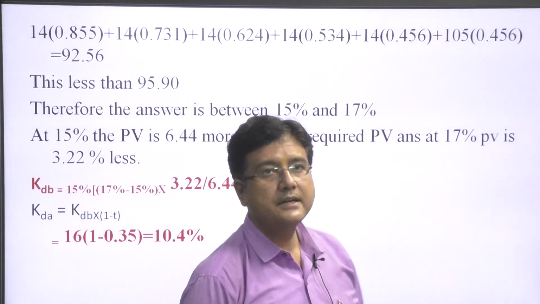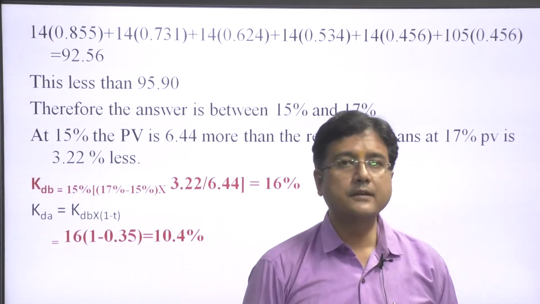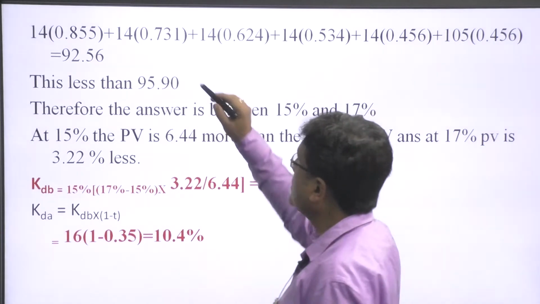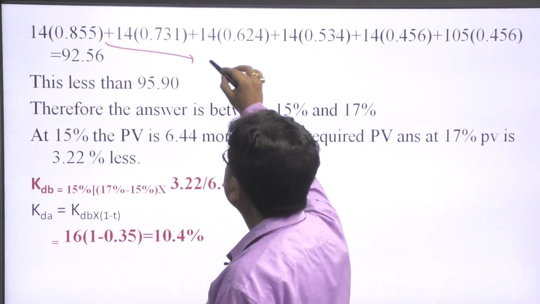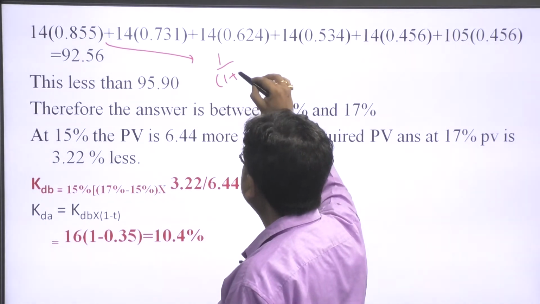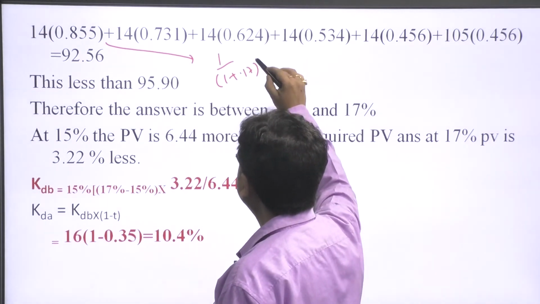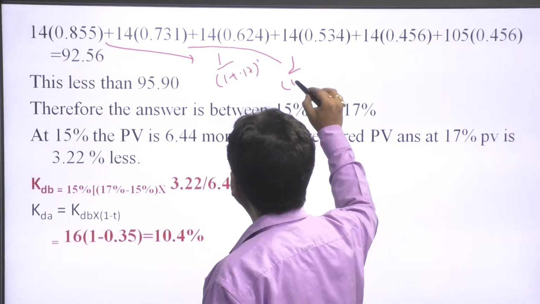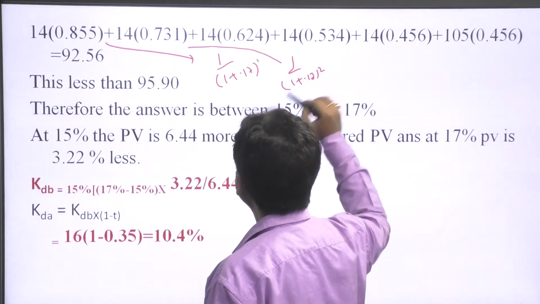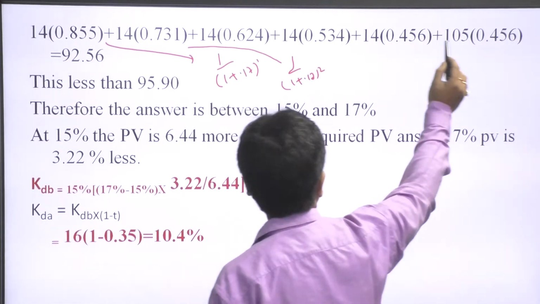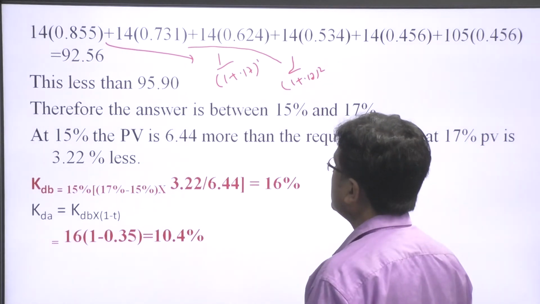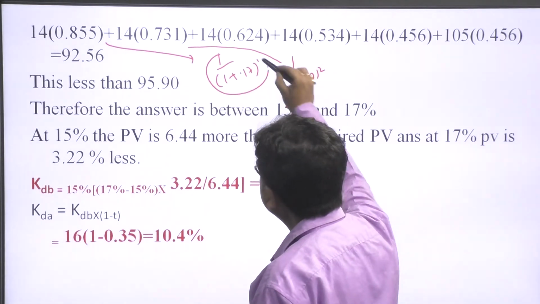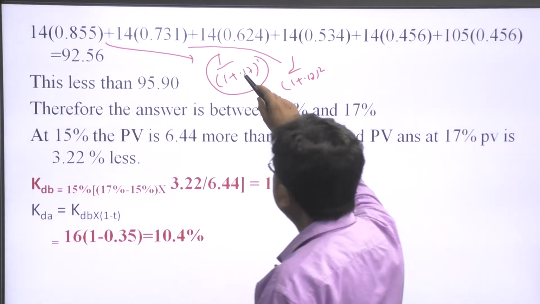At 17%, the present value factor changes, as I told you earlier: 1 divided by 1 plus 0.17 power 1, then 1.17 power 2, similarly power 3, power 4, power 5. After putting the powers, these are the final values, the value of rupee 1.